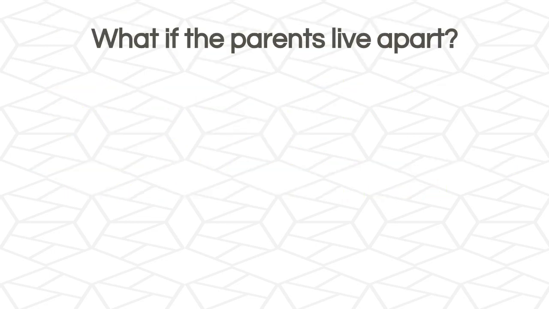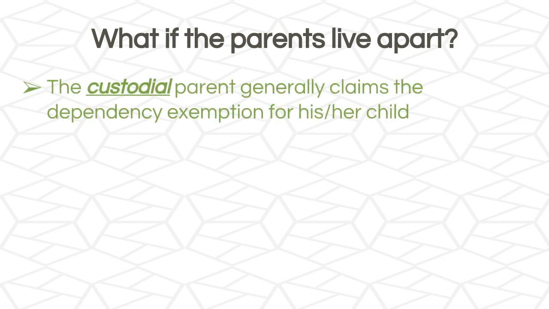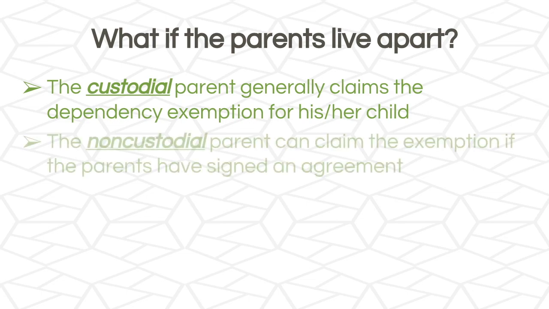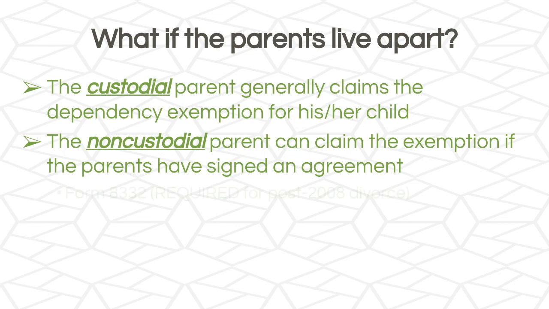Then what if a child has parents who live apart? In that case, the custodial parent will generally claim the dependency exemption for his or her child. The non-custodial parent, however, can claim the exemption if the parents have signed an agreement. So this will be the Form 8332. It's required for post-2008 divorces.